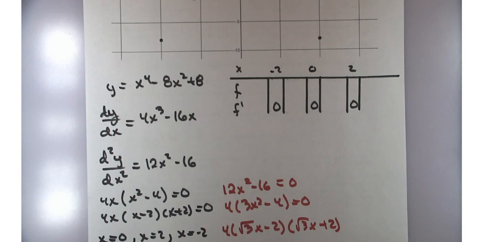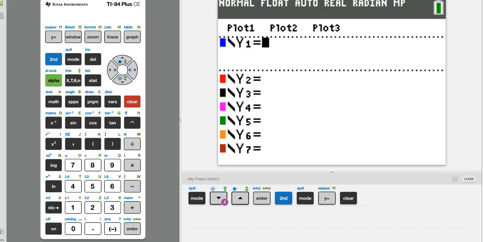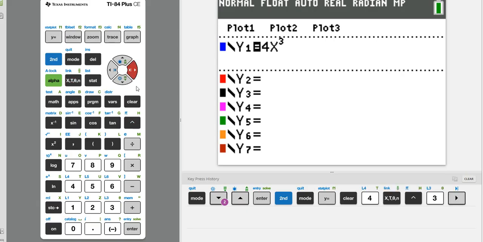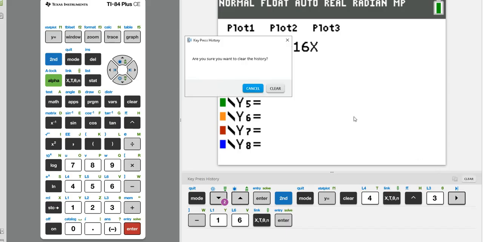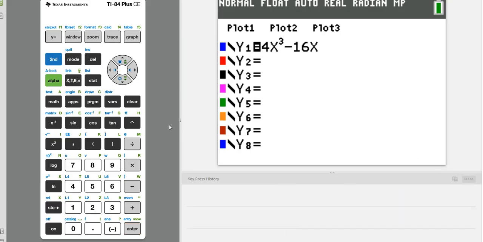One easy way is to plug those into your calculator. So plug in the first derivative here, 4x cubed minus 16x. And we're going to need to make sure we do some test points.